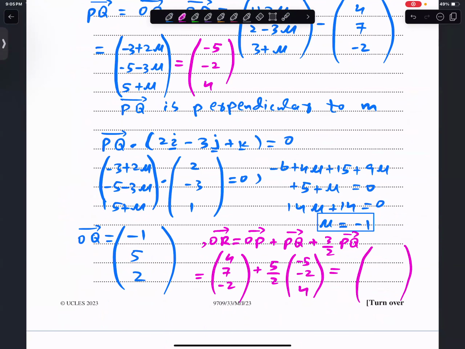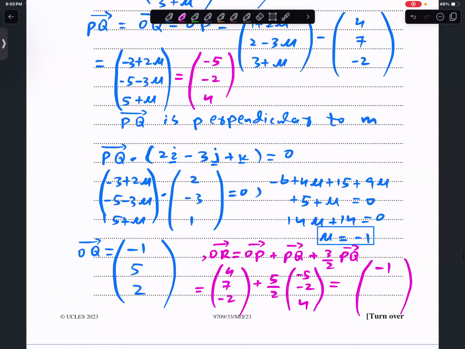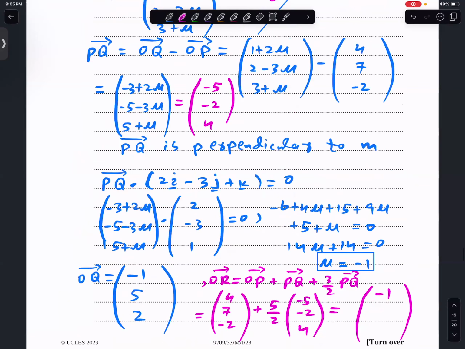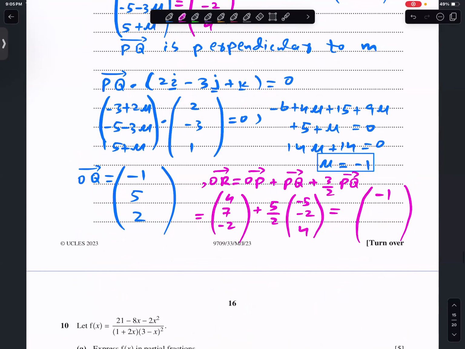So OR will become 4 plus 4 minus 10 divided by 2. Sorry, this is not minus 1.